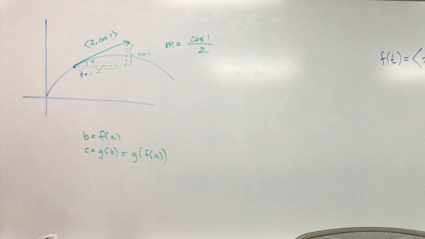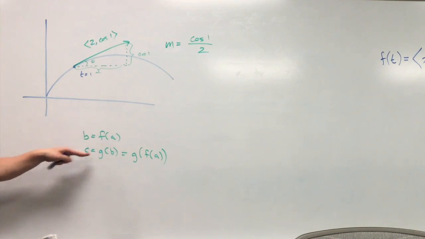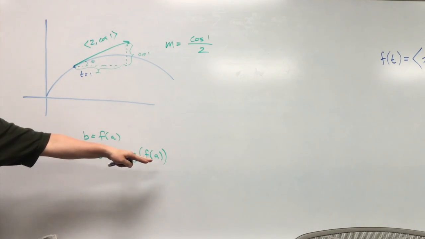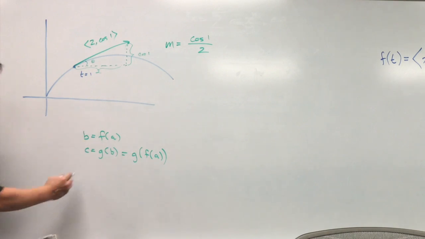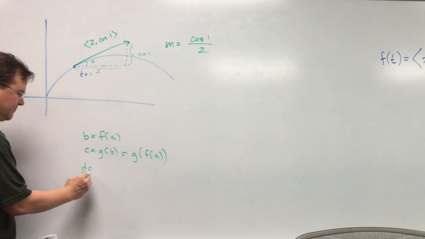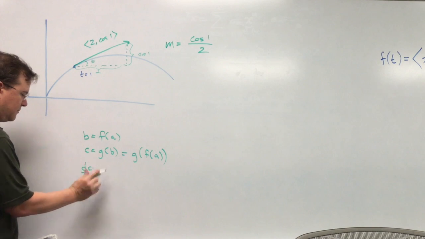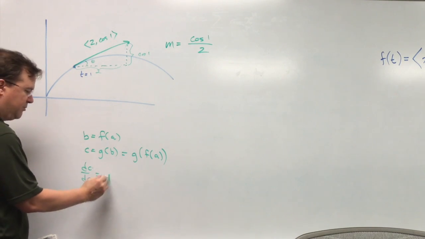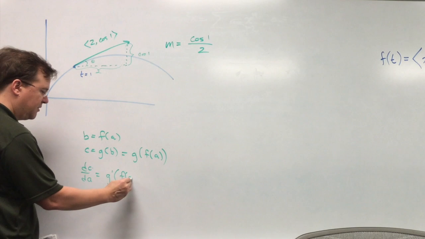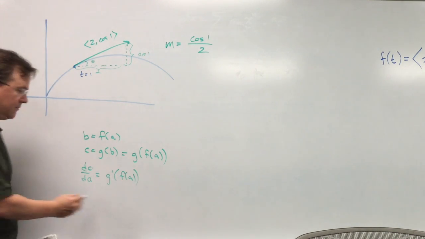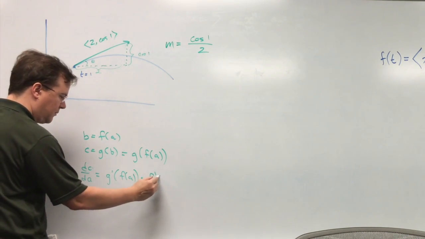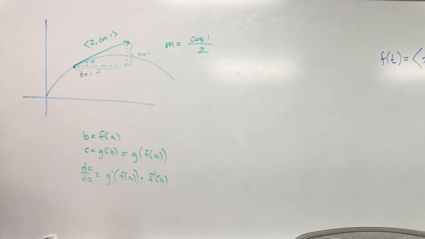That's a composition function. So if I want to know the derivative of c with respect to a, it's g prime of f of a, keeping the inside the same, times f prime of a. That's the chain rule.